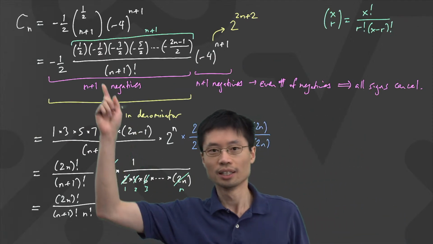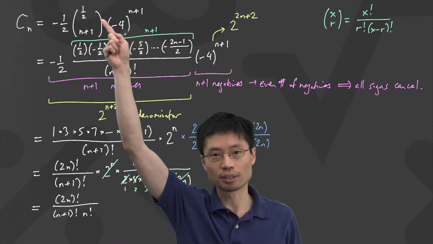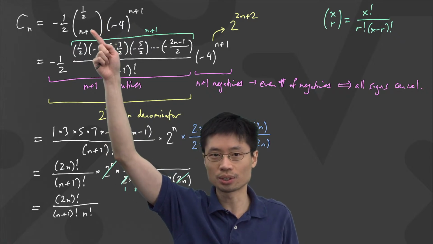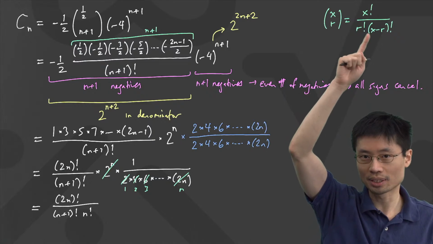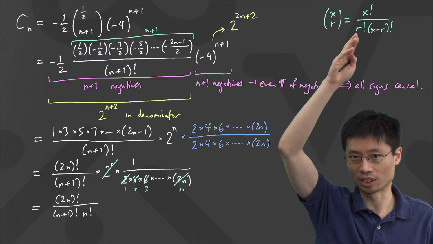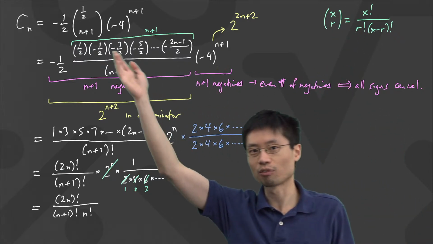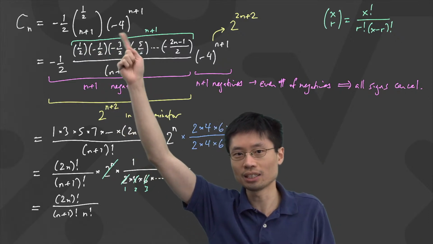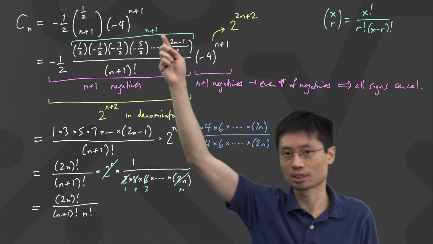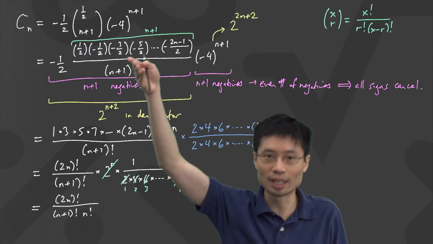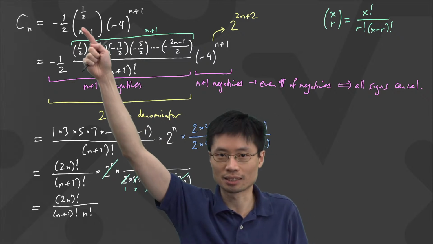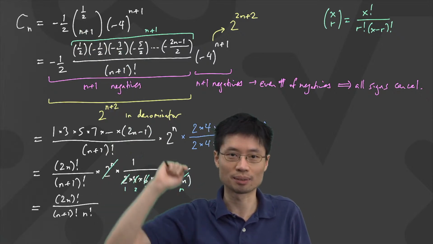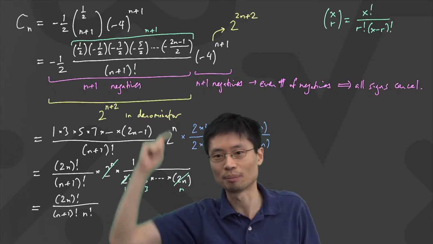So what did we do here? First of all, whenever I have a real number choose a non-negative integer, what that means is, if I have a non-negative integer choosing a non-negative integer, it works as usual. But if I have a real number, you multiply together the real number, real number minus 1, real number minus 2, keep on minusing 1, do it as many times as the bottom number is, and divide by the bottom number factorial.